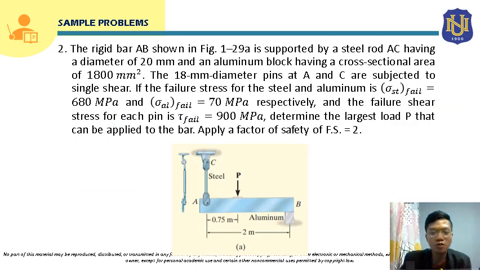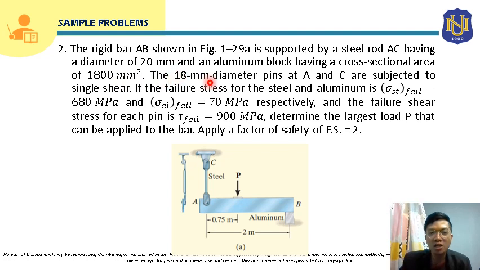Alright, so for sample problem number 2: the rigid bar AB shown in the figure is supported by a steel rod at AC. This is a steel rod having a diameter of 20 millimeters and an aluminum block. This is the aluminum block, having a cross-sectional area of 1,800 millimeters squared.